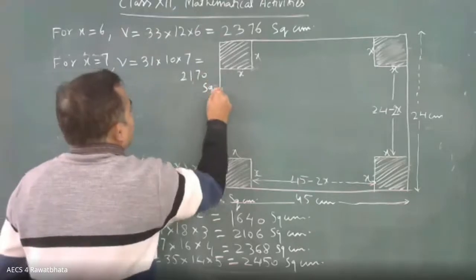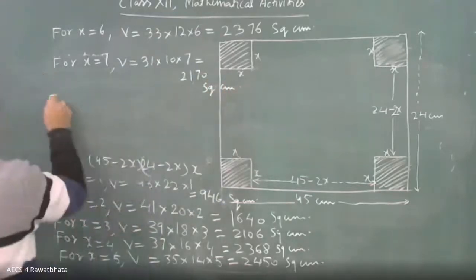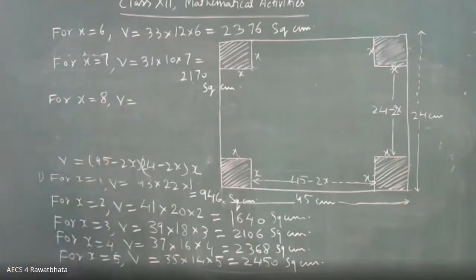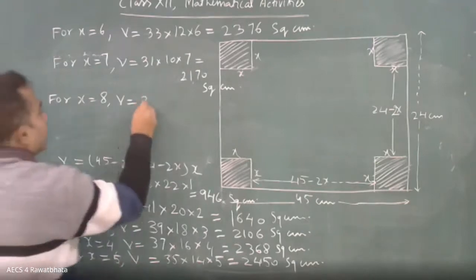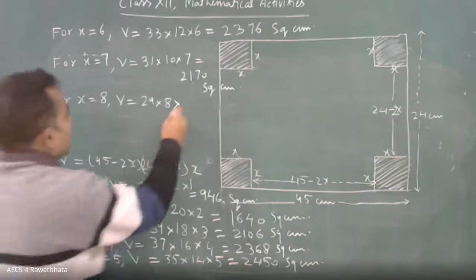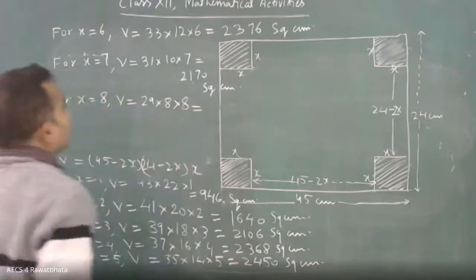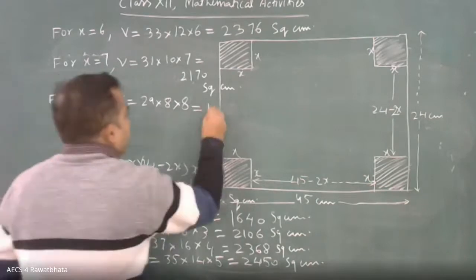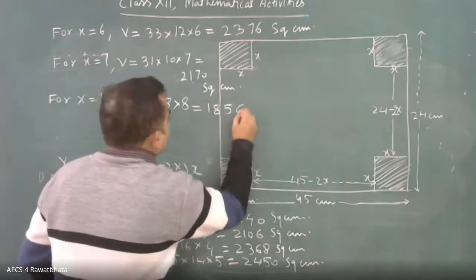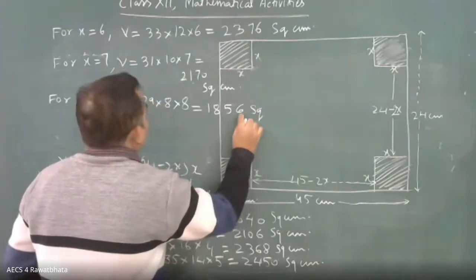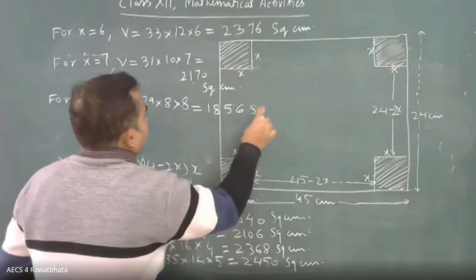2170 square centimeter. Then for x equal to 8, V equal to how much? 29 into 8 into 8. This is going to be 1856 square centimeter.